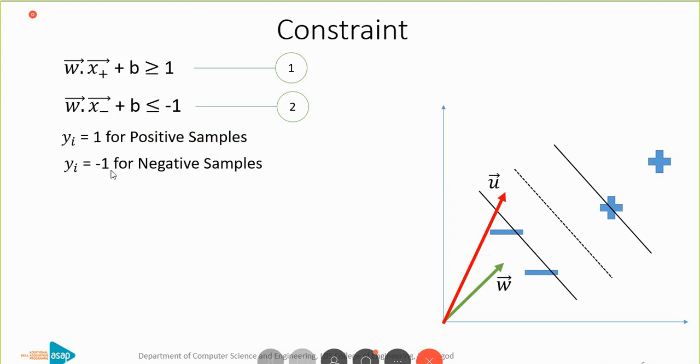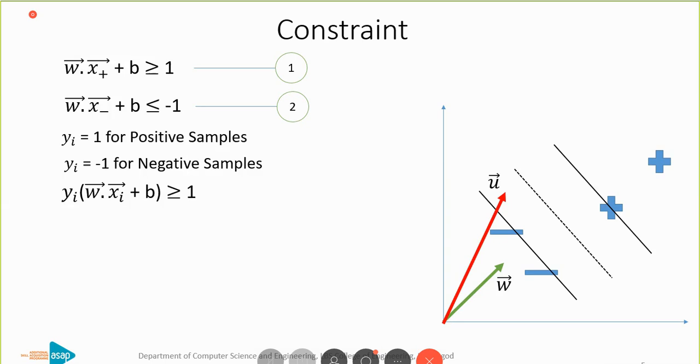Now I'll multiply this with the equations respectively. When I multiply yi equal to 1 for the positive samples with equation 1, I'll get yi into w dot xi plus b greater than or equal to 1.